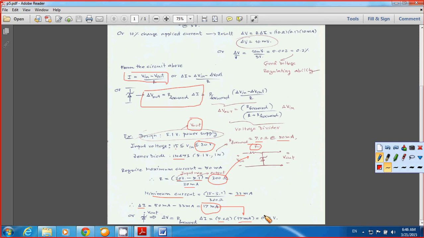You get delta V becomes 0.12 volt. This is your delta V, or how much your output voltage is going to change due to the delta I change.